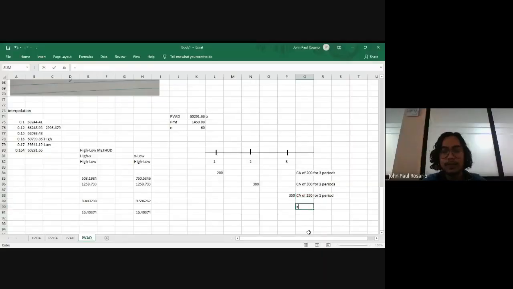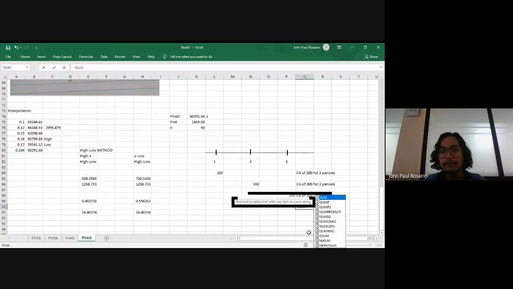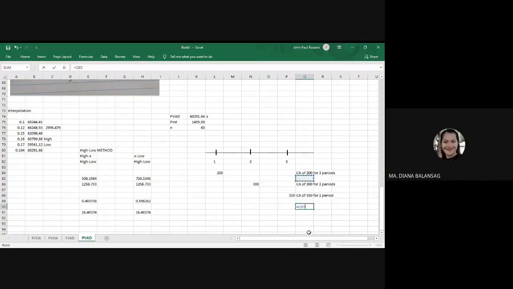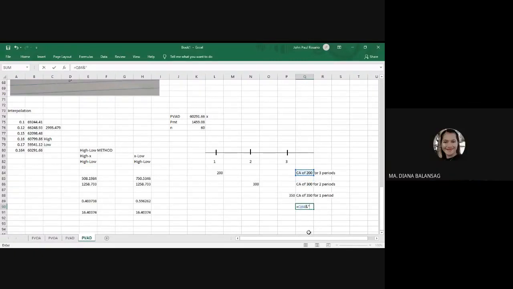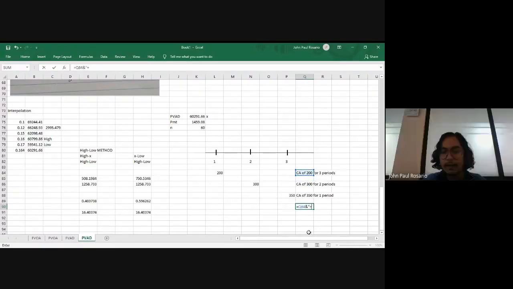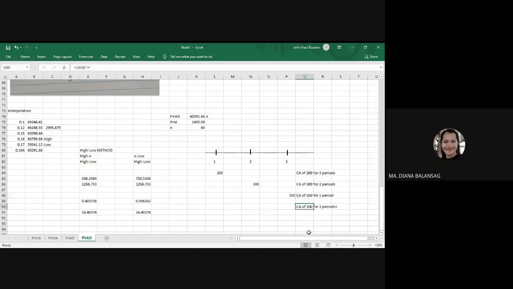And then your future value would be the sum of everything. Understood? Yes, sir.